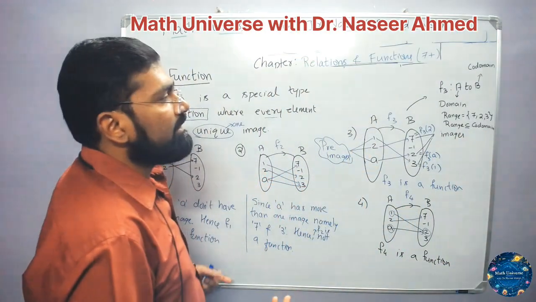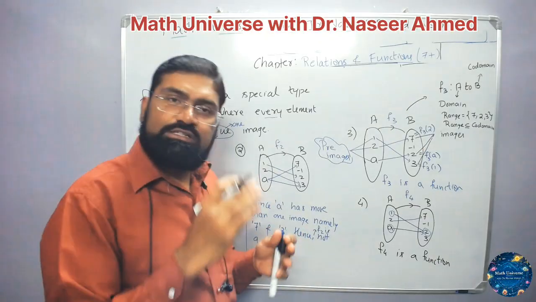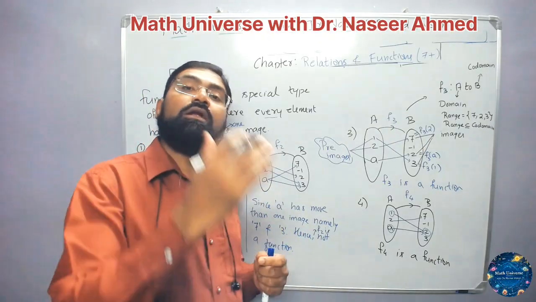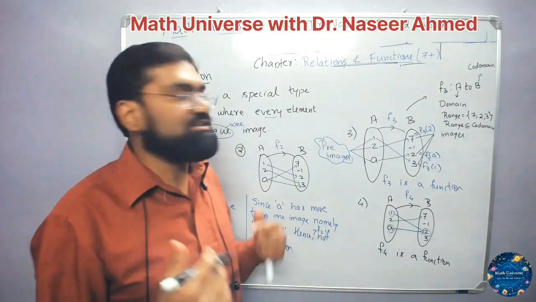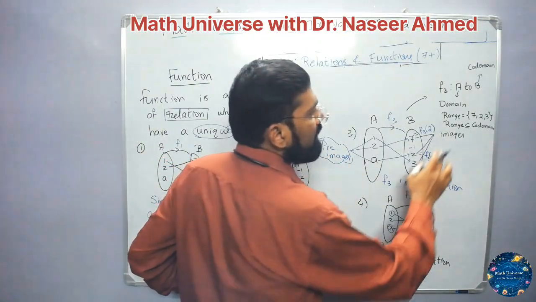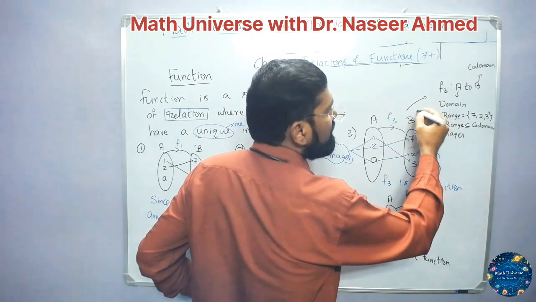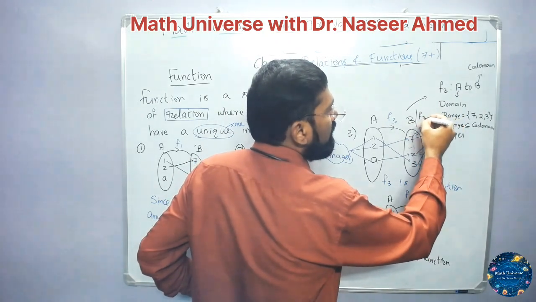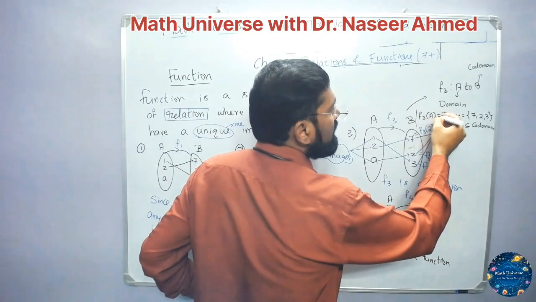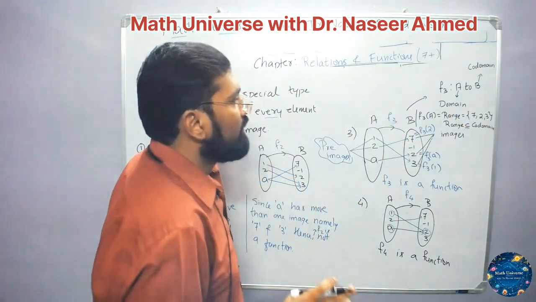Then in that case, range and codomain are the same. We should understand what is domain, codomain, range, because depending on this, we are going to have types of functions. Let's take this also. Now in this, one more thing: in place of writing like this, we can also write F3 of A. Nothing but F3 is taking the elements of set A and mapping to the codomain.